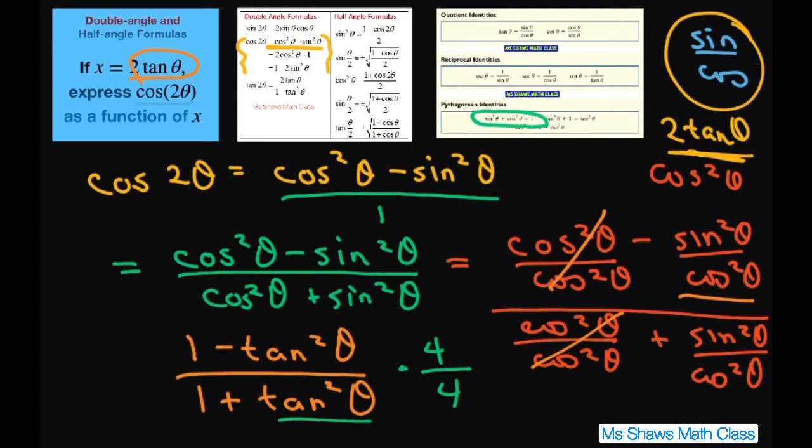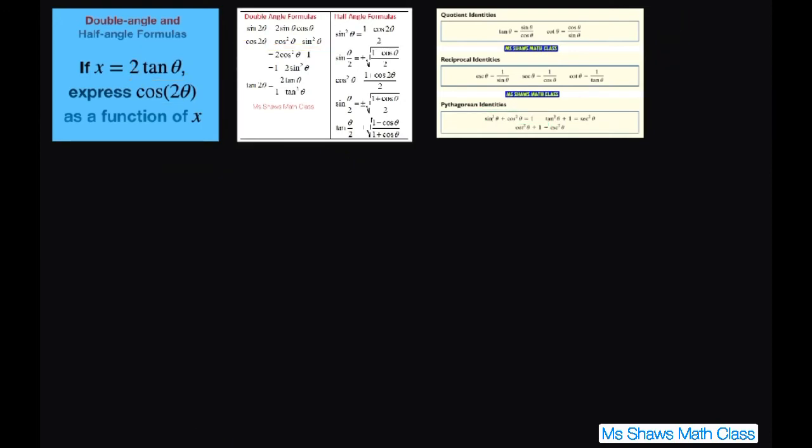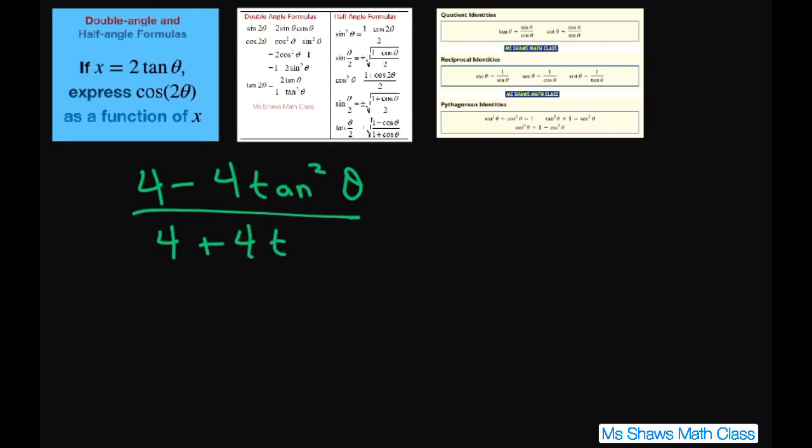So let's do that. If you multiply this by 4, we're going to get 4 minus 4 tan squared of theta divided by 4 plus 4 tan squared of theta.